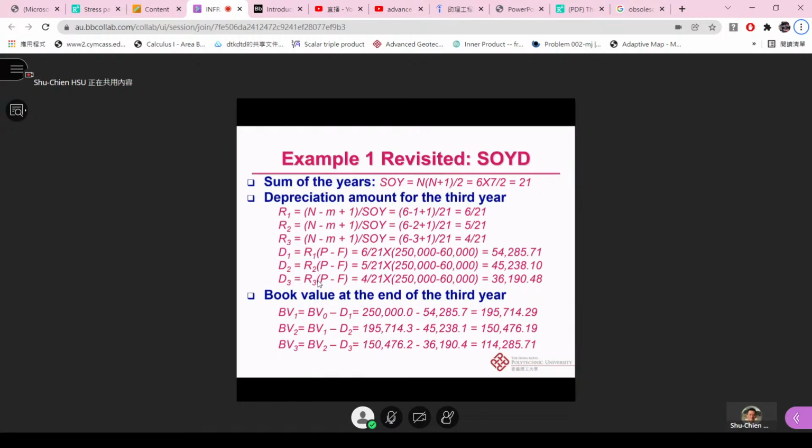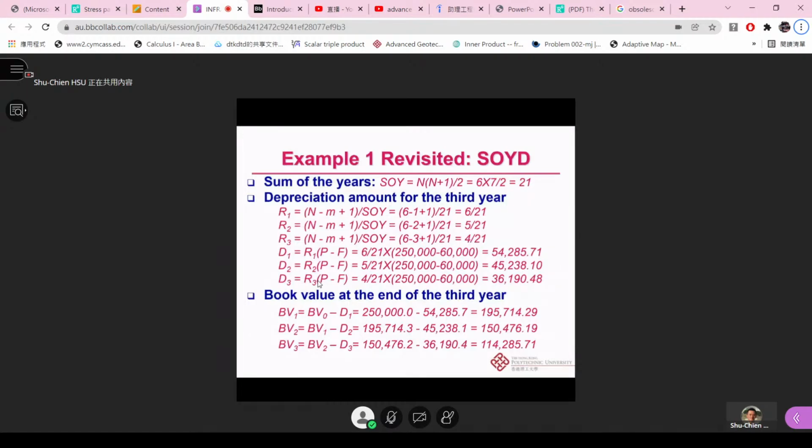And so if we do this year by year, we get D1 equal to 6 out of 21 times (250,000 minus 60,000), which is 54,285.71. Then D2 will be equal to 45,238.1. You can see that the depreciation amount for this method, the SOYD, will be different.